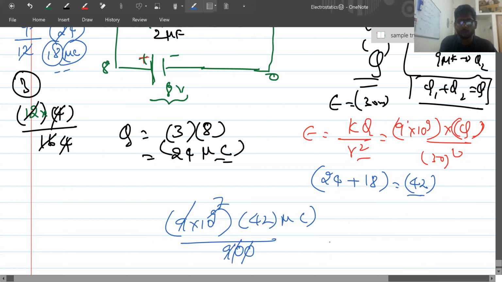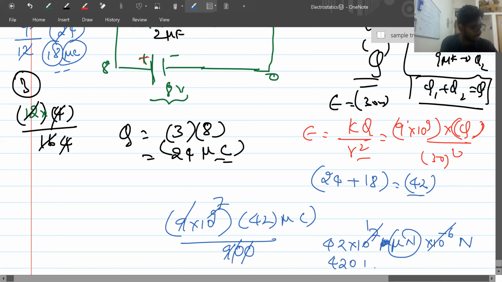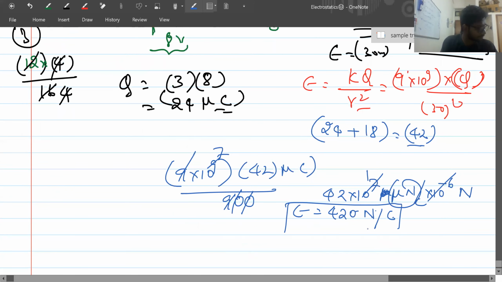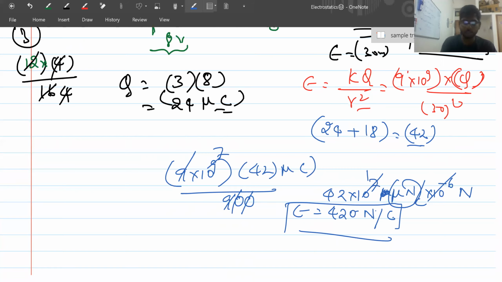So 42 into 10 power 7 micro, sorry, the electric field is in micro Newton per coulomb. Micro is 10 power minus 6, so minus 6 cancels with 7 leaving one power of ten. So 420 Newton per coulomb is the electric field. This is the answer.